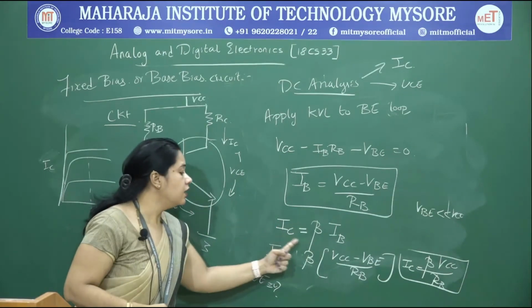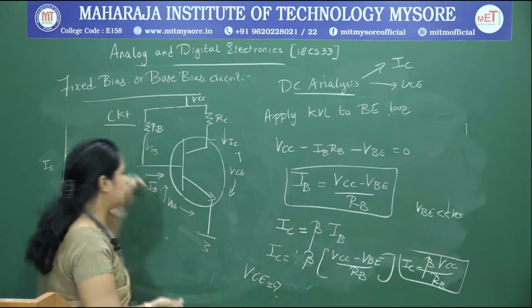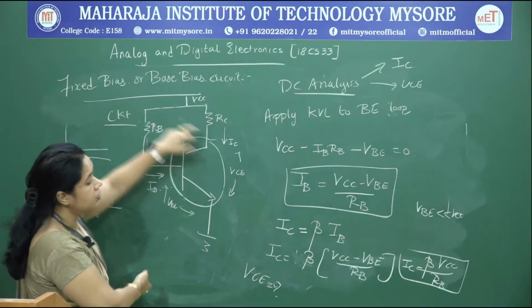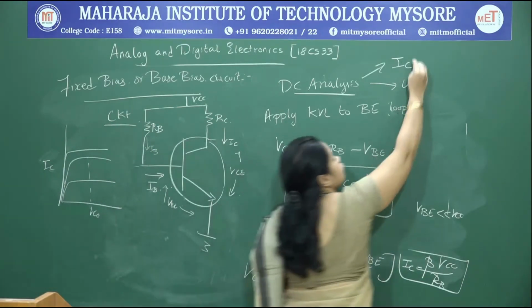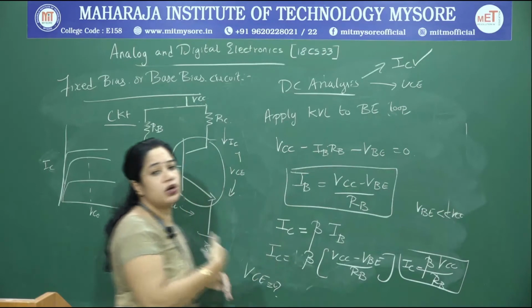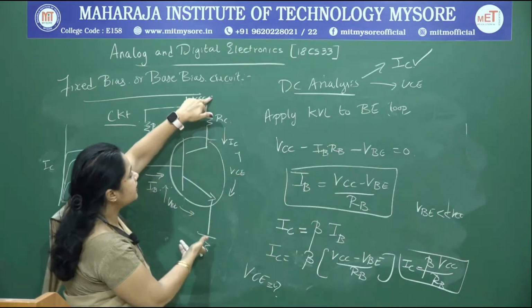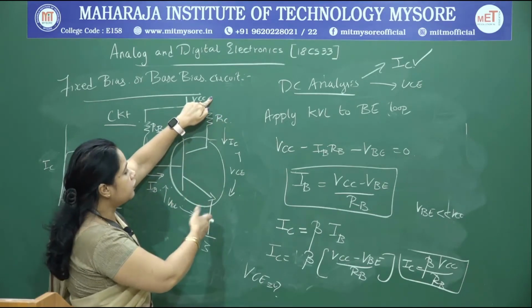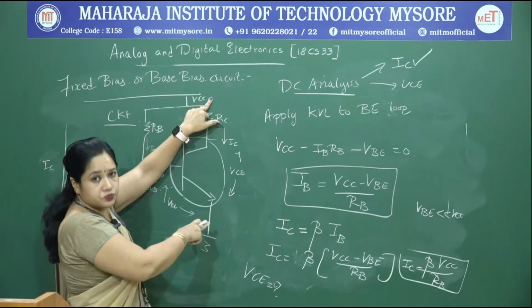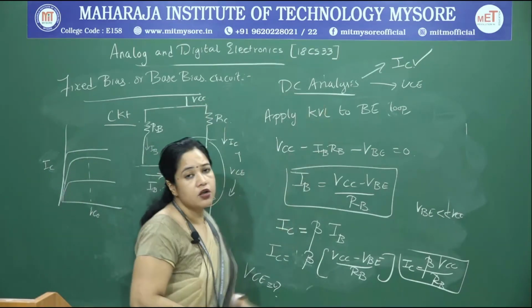In order to determine beta into IB, I want the value of IB. So, I apply KVL to the input section, get the expression for IB, and substitute here to get the expression for IC. Now, I need to find the expression for VCE. Where do you find VCE? You find it in the output loop. We apply KVL to the output loop and arrive at an expression for VCE.